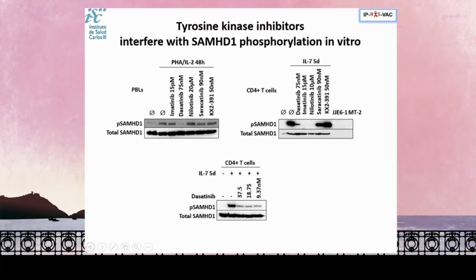But when we treated CD4 cells with IL-7, we observed that dasatinib, imatinib, and nilotinib were able to interfere with SAMHD1 phosphorylation. Dasatinib was the most potent one. In fact, it was effective at interfering with SAMHD1 phosphorylation even at a lower concentration than the one used in vivo.